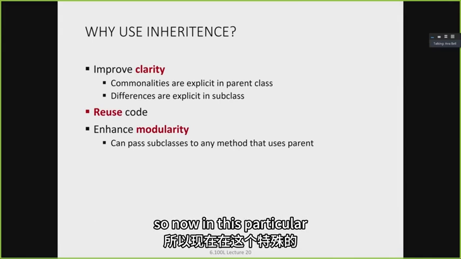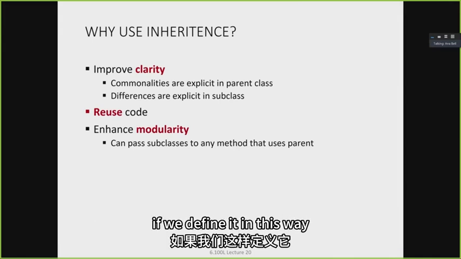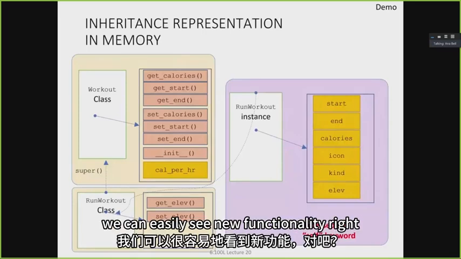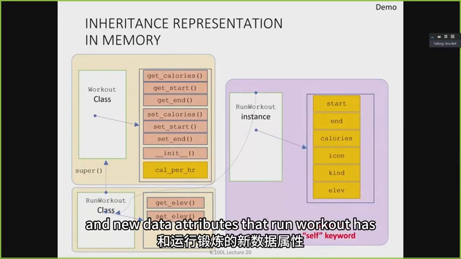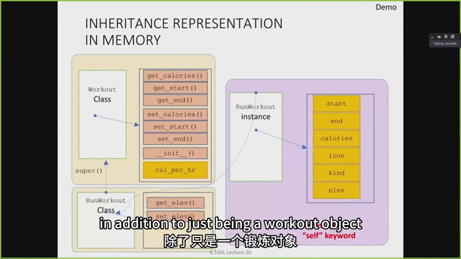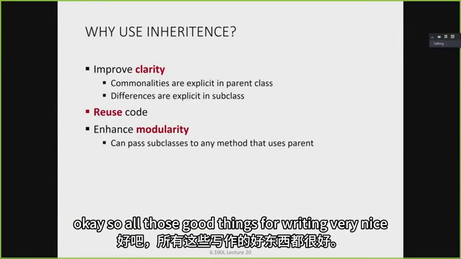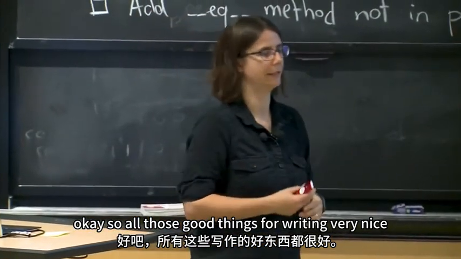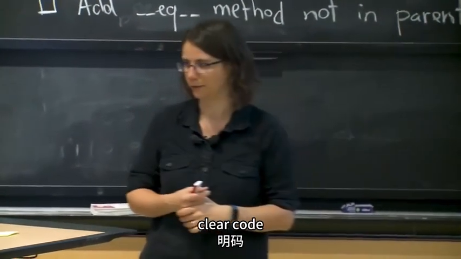If we define it in this way, we can easily see new functionality and new data attributes that run workout has in addition to just being a workout object. So all those good things for writing very nice, clear code.